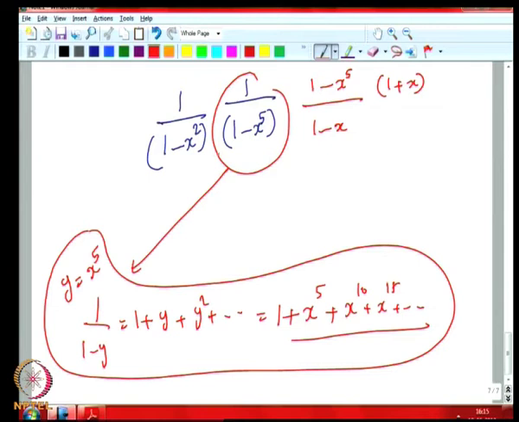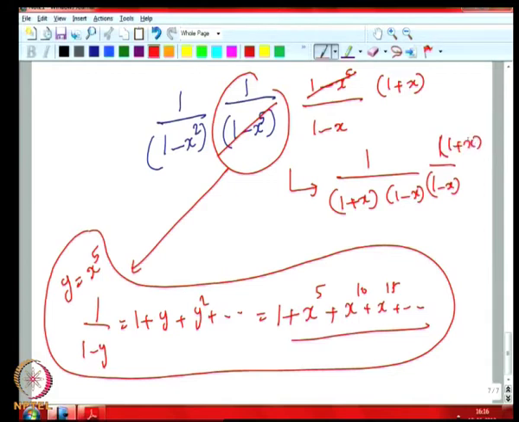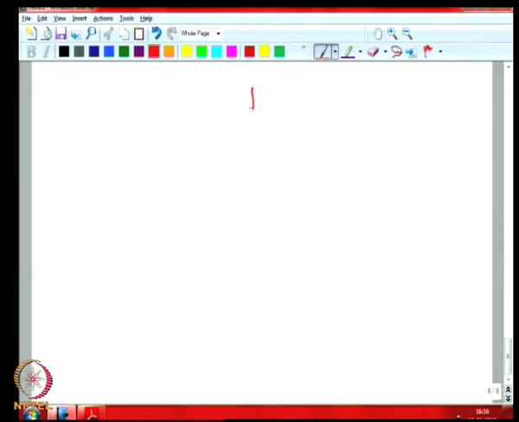So now we can cancel this and this, and here we have 1 minus x square, which is 1 plus x into 1 minus x. Into, here we have a 1 by 1 minus x left, and upstairs we have 1 plus x. So in the numerator we have 1 plus x, that we cancel with this thing. The final answer is 1 by 1 minus x square, right.